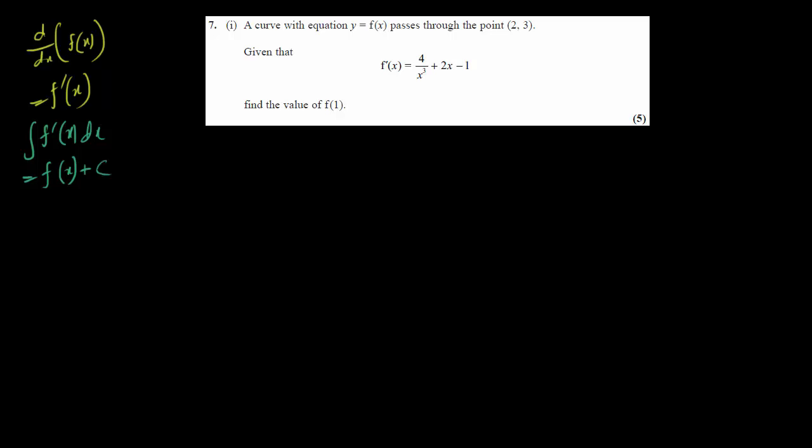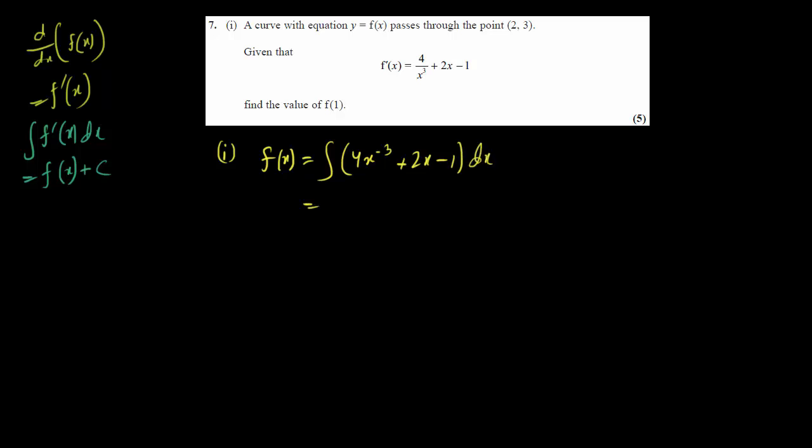That is the idea behind it. So first of all, in order to find f of 1, we need f of x. So the first thing we have to do is write f of x equals the integration of f prime x, which is 4 x to the power minus 3, bringing x cubed upstairs, plus twice x minus 1 dx.